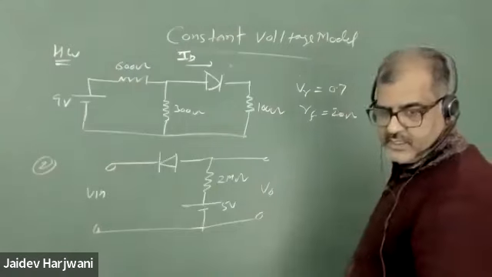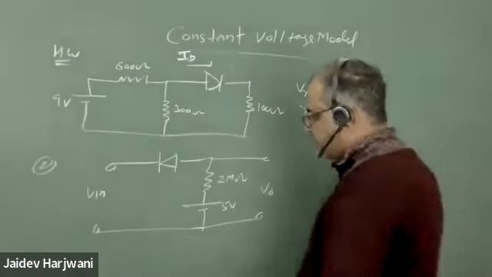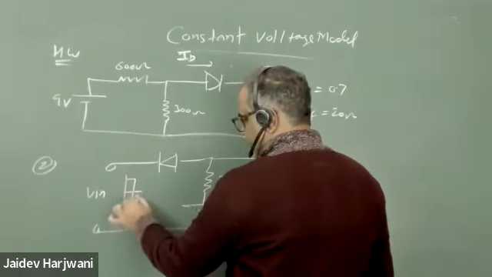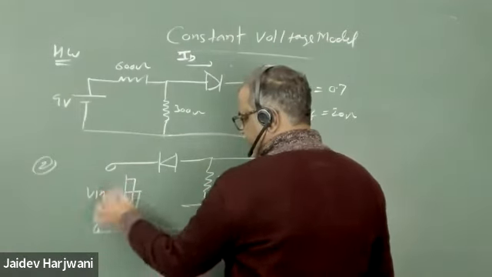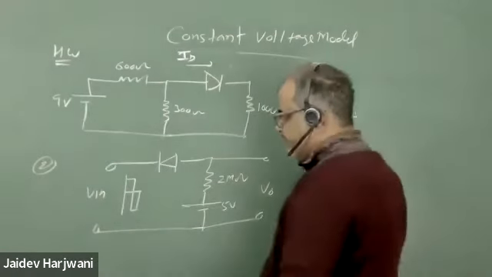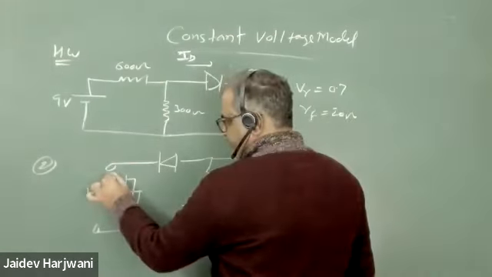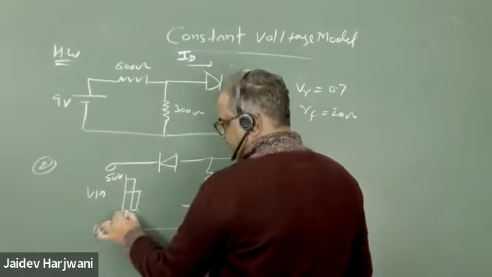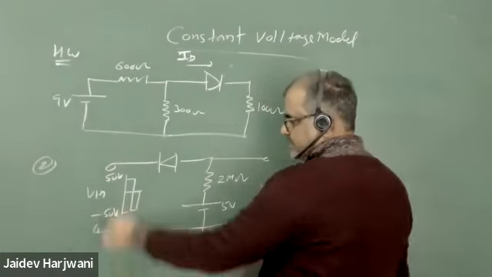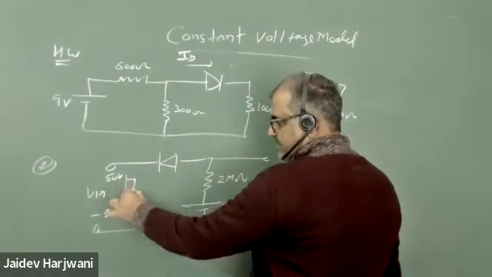V input is a square wave of 50 volts, and this is your minus 50 volts. Are you getting that? Like we were giving a sine wave, now I'm giving a square wave.